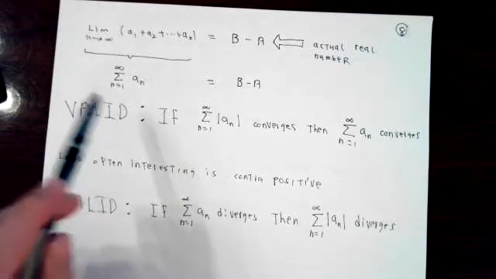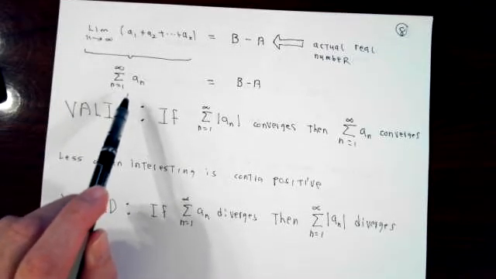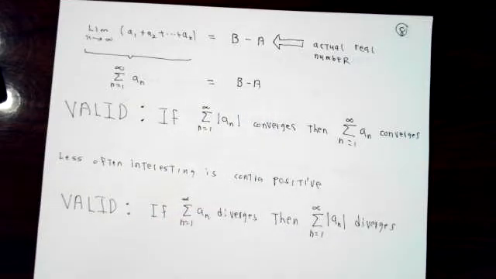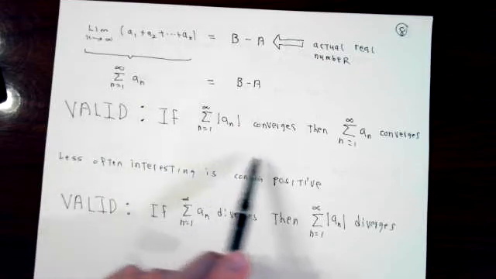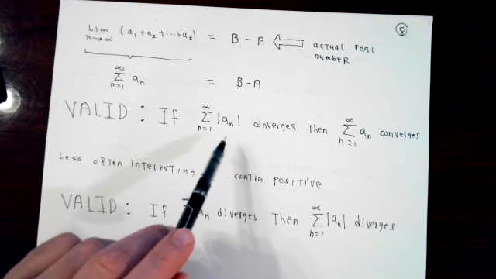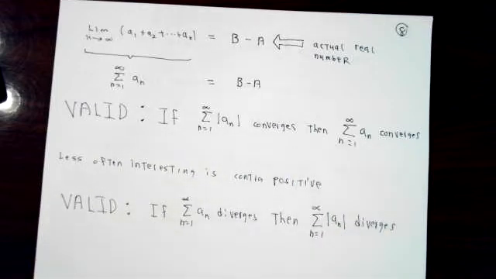So to summarize, the sum n equal 1 to infinity an converges. It exists as an actual real number. This is perfectly valid. If somebody says, I've got an infinite series and the absolute value version of it converges, then the original version converges too.